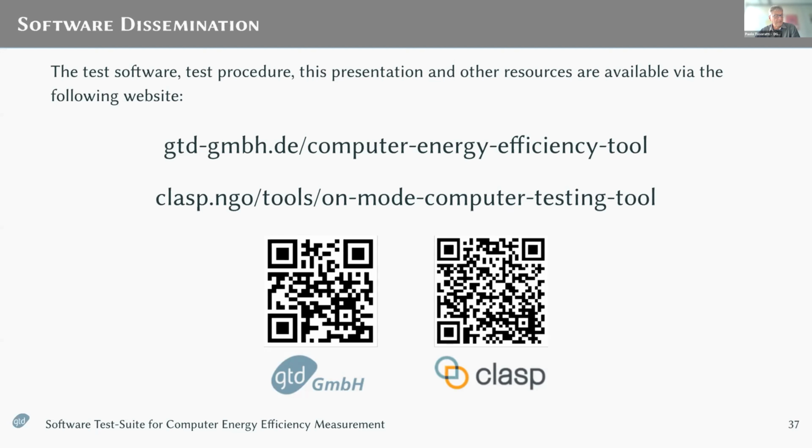But as said, if the product is then distributed with a different software version, in principle, the manufacturer, the supplier should register this as a new product if the new operating system is detrimental for the measurements, for the scores, I mean.